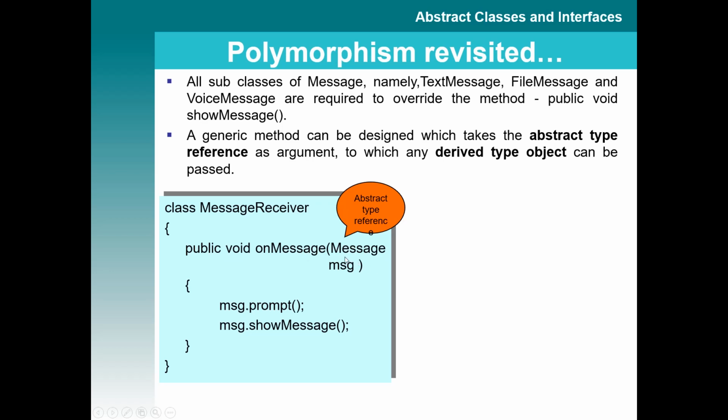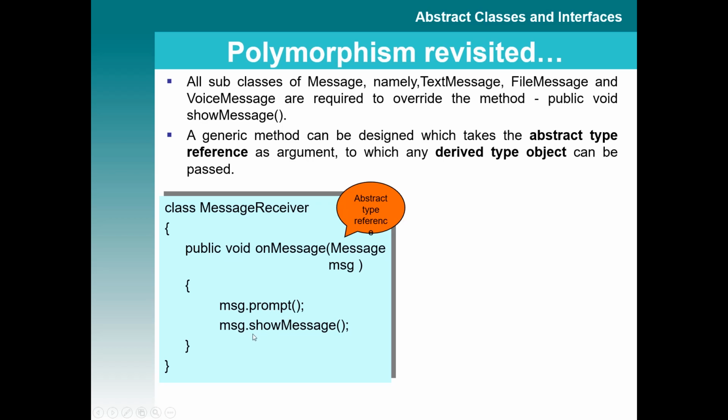Now, to receive that message, notice we are creating a reference of the abstract type. Which means, as you must have learned in earlier lessons, a reference of a base type can always be used to hold an object of a child type. So on that reference, we are invoking methods. Even though the reference is of type the abstract class message, the actual object at runtime is going to be of type text message or video message and so on.